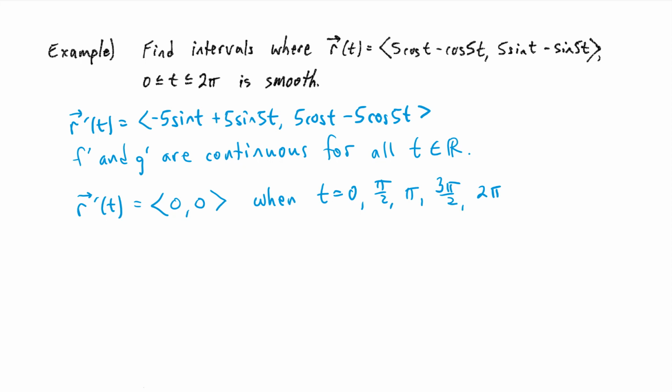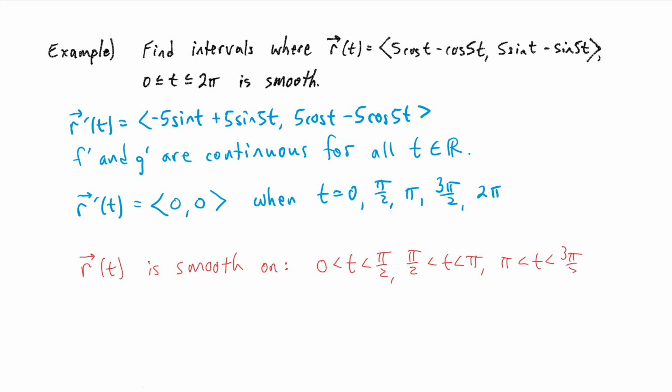So we can now conclude that the original vector valued function is smooth on the following intervals: 0 up to pi over 2, not inclusive. Pi over 2 up to pi, again not inclusive.